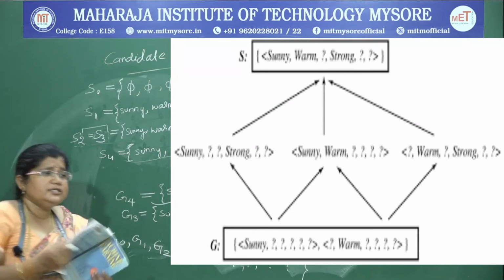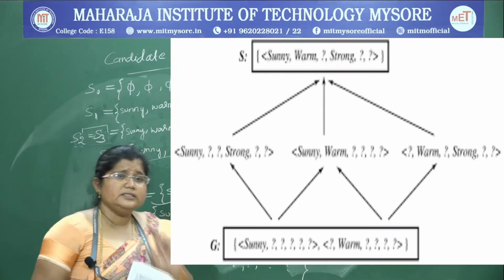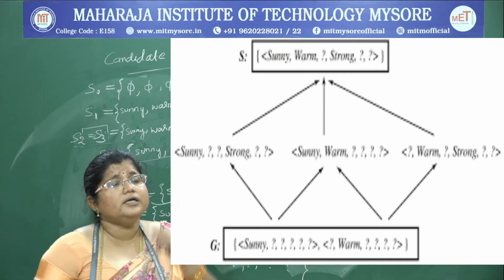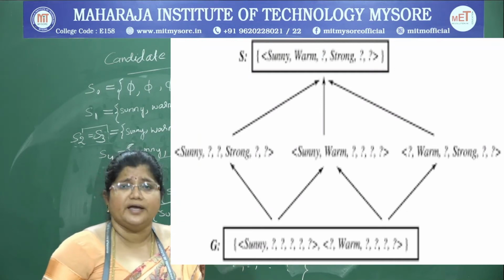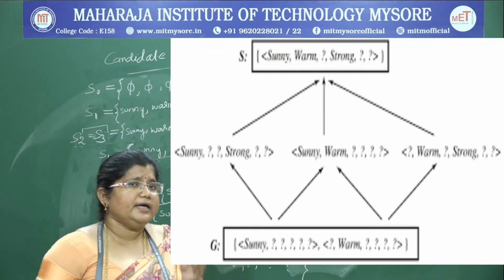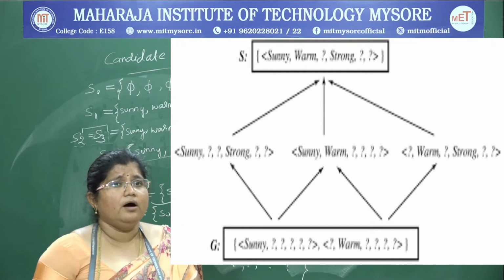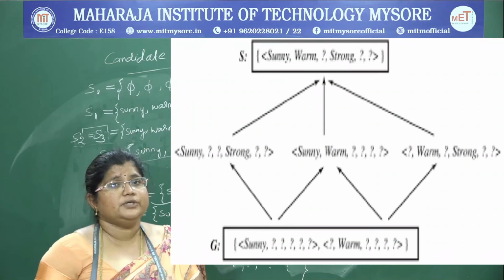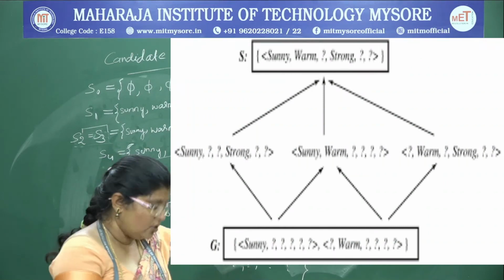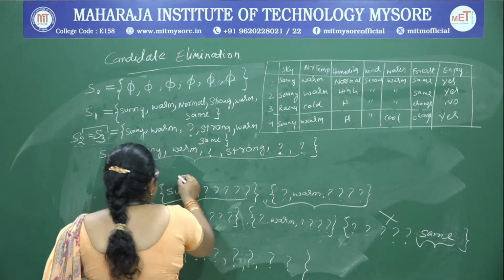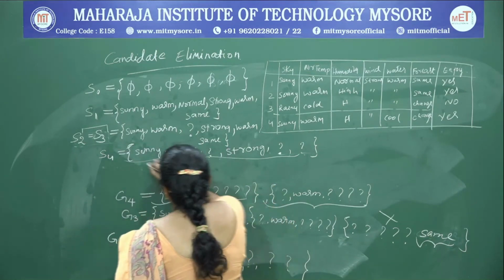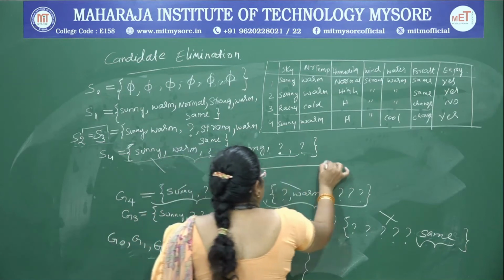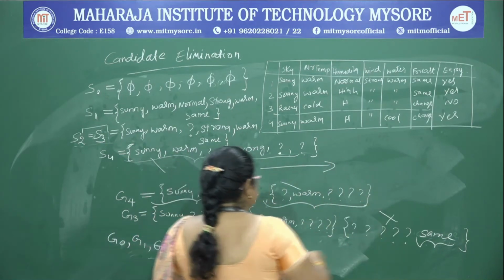When we create a set of hypotheses, this set of hypotheses can address all the unobserved positive training examples, and it can classify or predict the unobserved training examples properly. So, these are the hypotheses we can create.